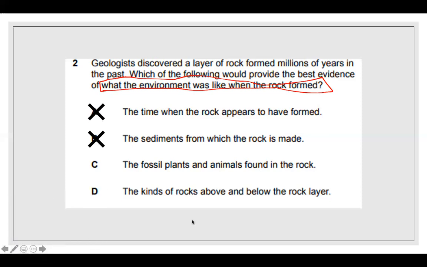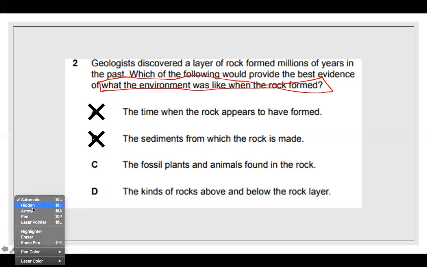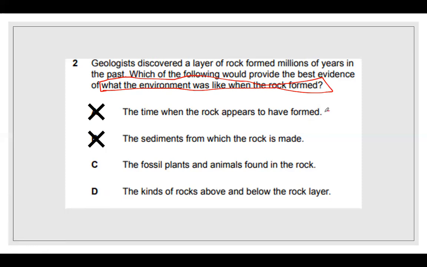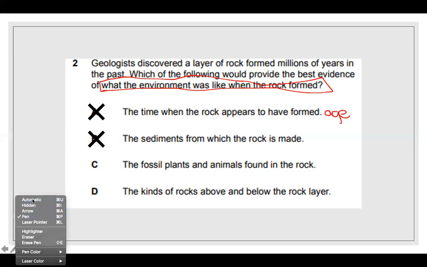Also, the time when the rock appears to have formed, that's not going to help us understand what the environment was like when the rock was formed. It's only going to help us understand the age of the rock, and I'll put age there. All right.